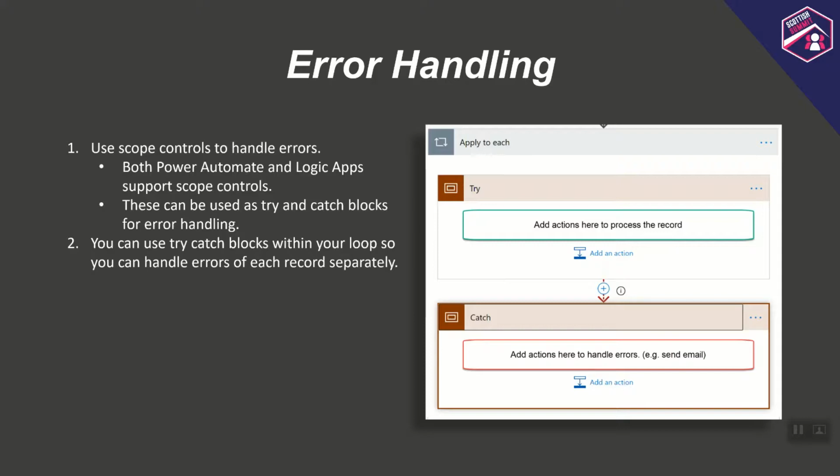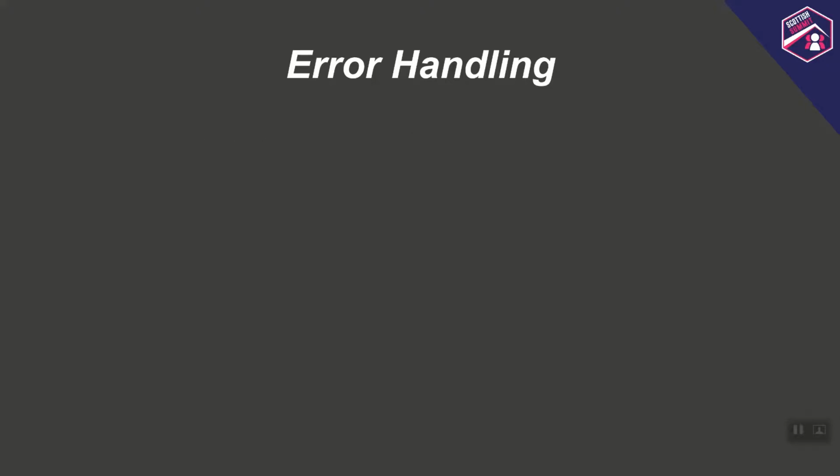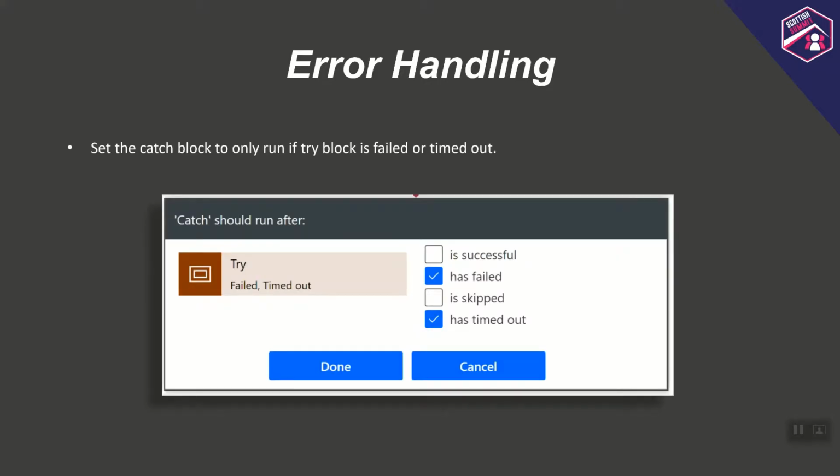What I usually do is I create two scope controls within the for each loops, and I call the first scope control the try and the second control the catch. How you handle errors is you can define the catch block to only run when the try scope control has failed or has timed out.